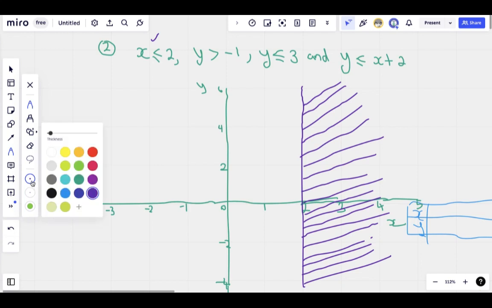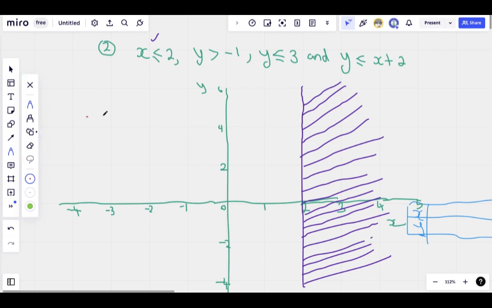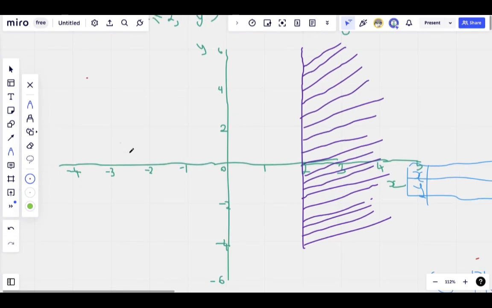Let me select another color to make it conspicuous. y is greater than -1. -1 is here on the y-axis.